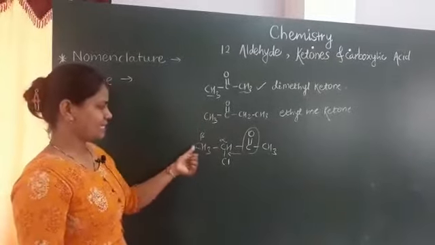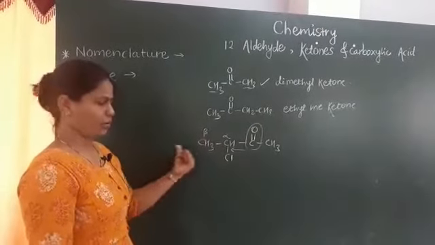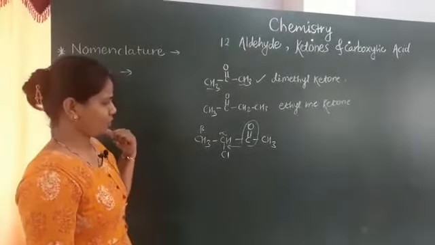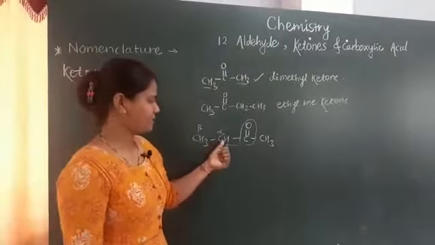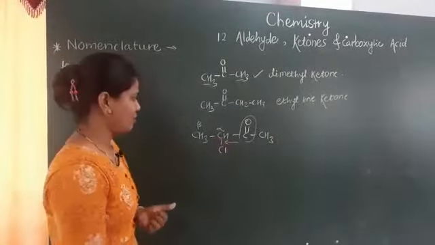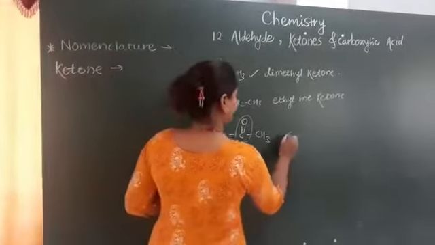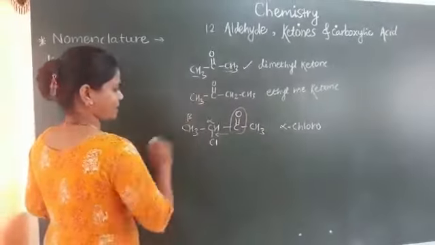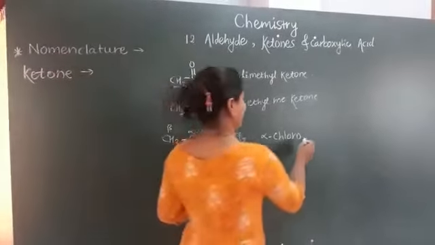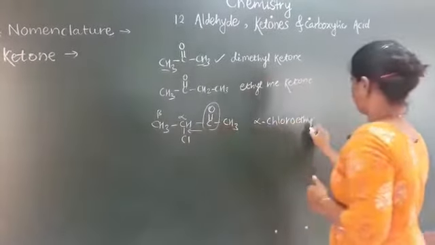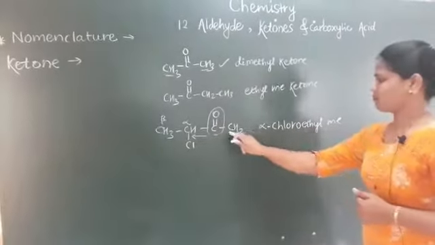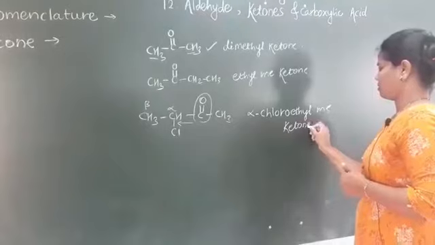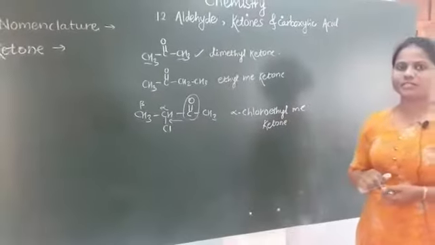And suppose the chain is extended, two more carbon atoms are attached, then they will be gamma and delta and so on. In the common name system, the Greek letters are used. The name of this is alpha chloro. Two carbon atoms are there, so it is alpha chloroethyl methyl ketone.